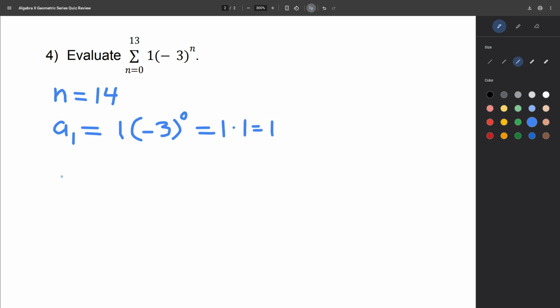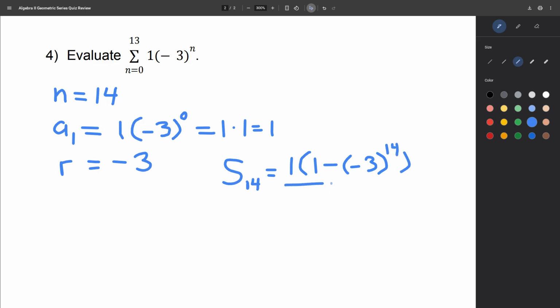It's the first term. The common ratio, every time we increase n, we're going to multiply by negative 3, so it's negative 3. So the sum of the 14 terms is going to equal the first term 1 times 1 minus negative 3 to the 14th power over 1 minus negative 3.